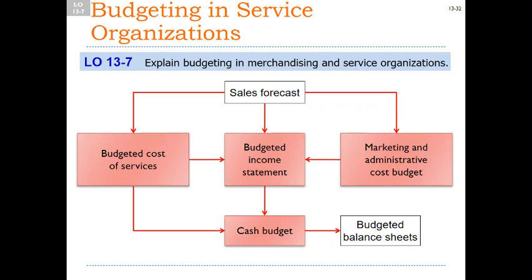So you still have those kinds of budgets. You certainly would need to prepare a cash budget as well as a budgeted balance sheet. And all this, of course, is going to be based upon the amount of sales forecasted for the year. So that's the place to start.